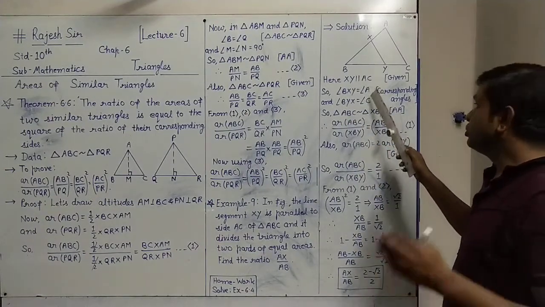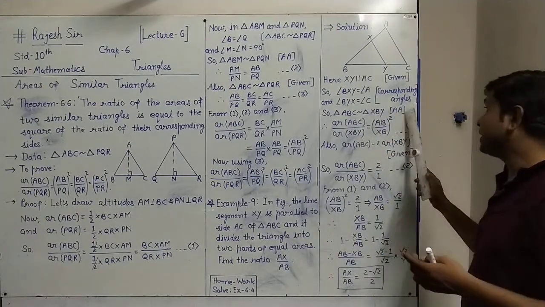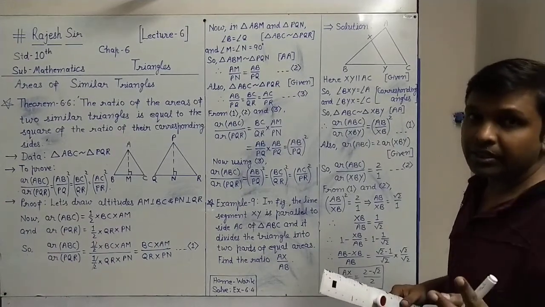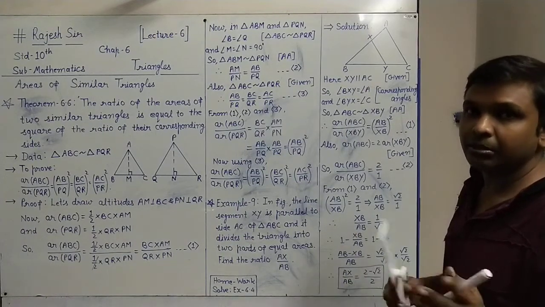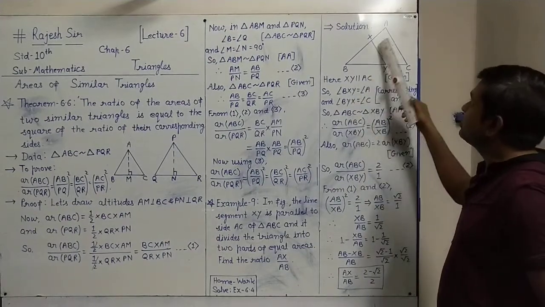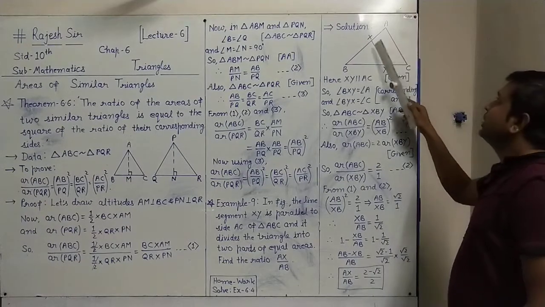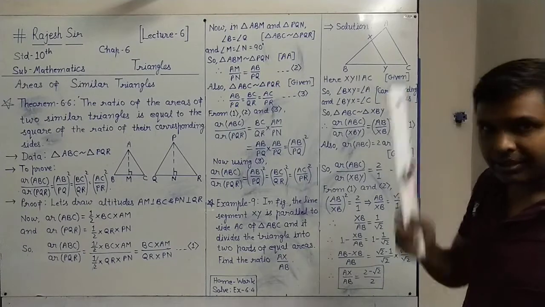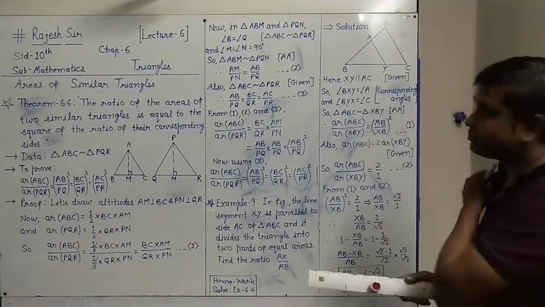If we have shown two angles equal, we have shown that two triangles are similar by AA criteria. We recall that if only two angles of two triangles are shown equal, they will be similar by AA criteria. So both the triangles are similar by AA criteria.